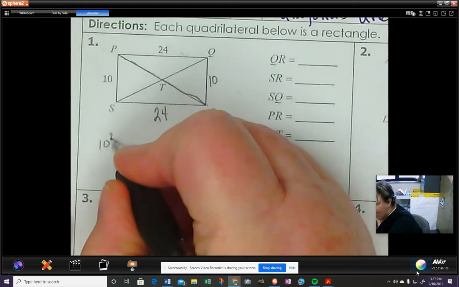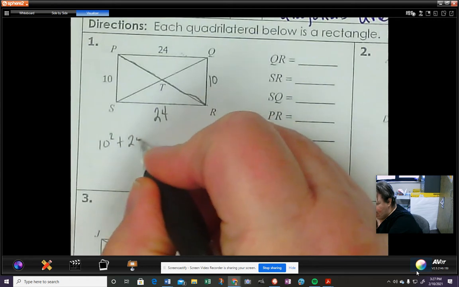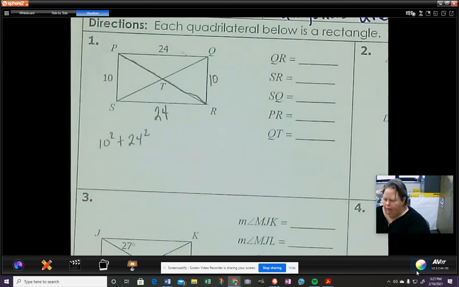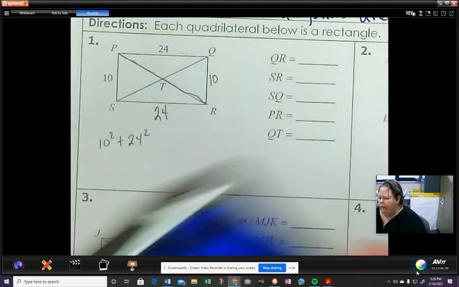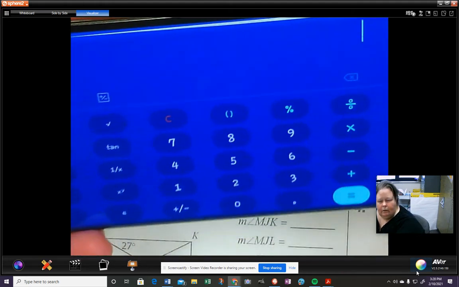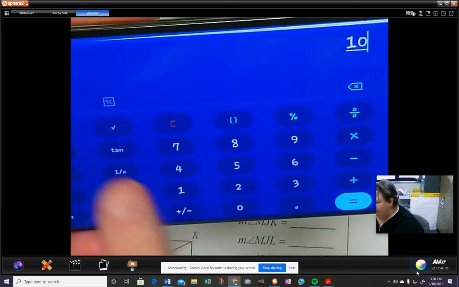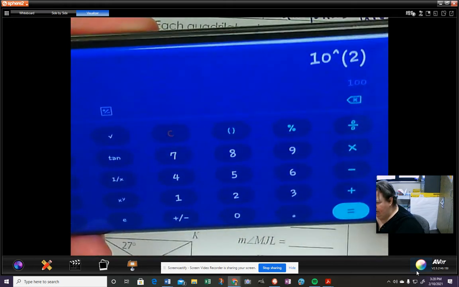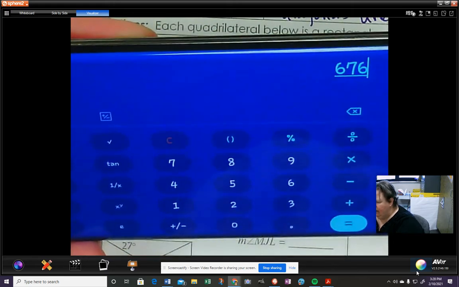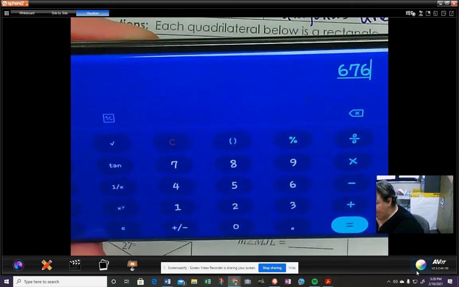So 10 squared plus 24 squared gives me 676.